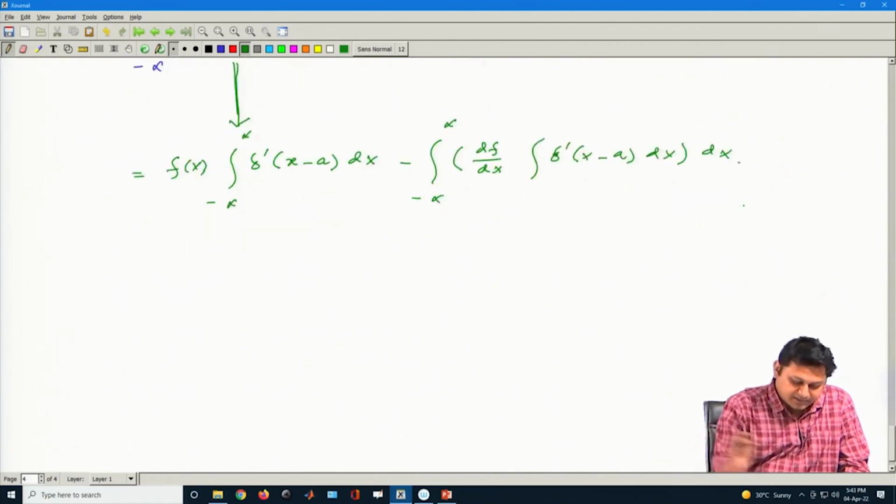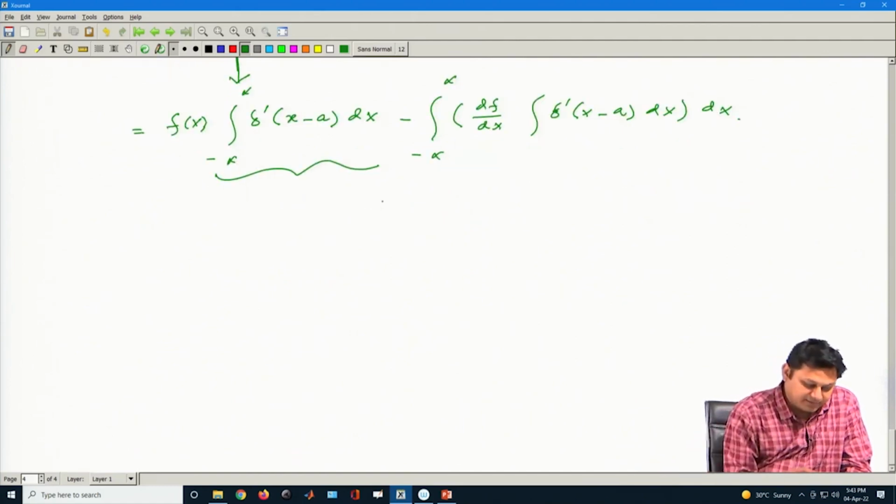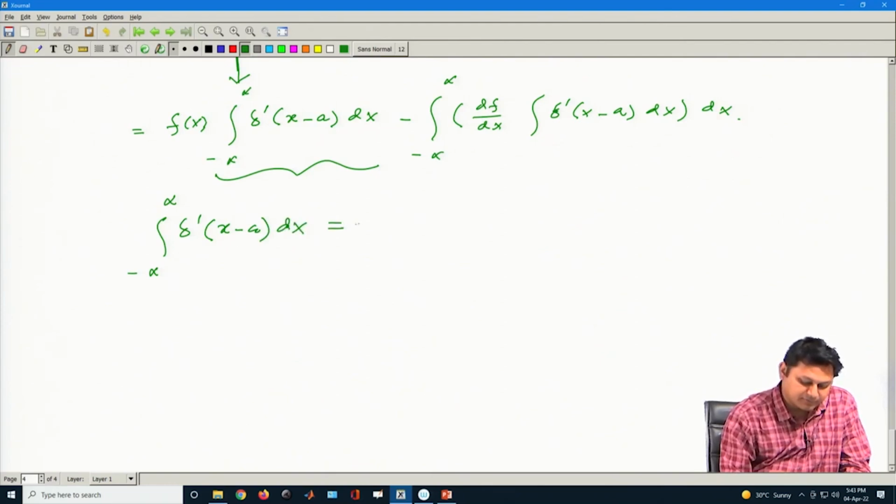Now, if I integrate the derivative of the delta function, what do we get? Integral from minus infinity to infinity of delta prime (x minus a) dx. If I integrate the derivative, we simply get back our delta function with the limit minus infinity to infinity.